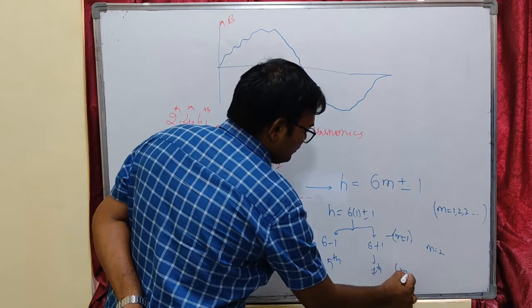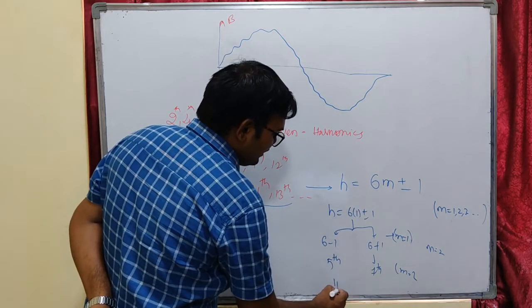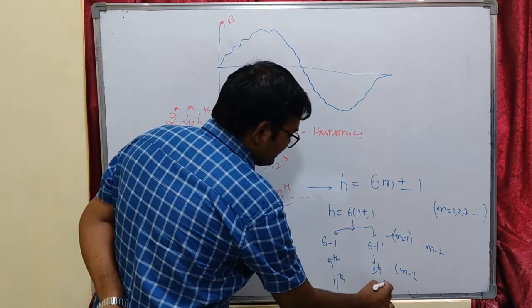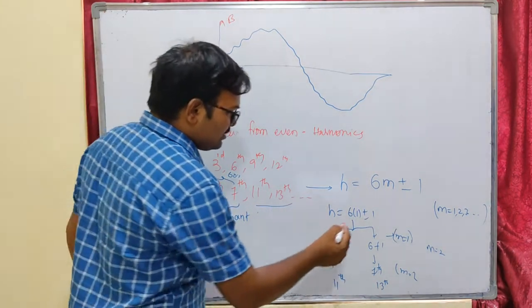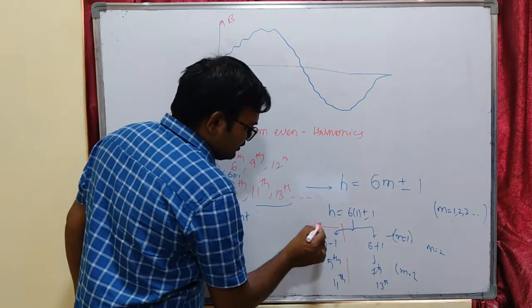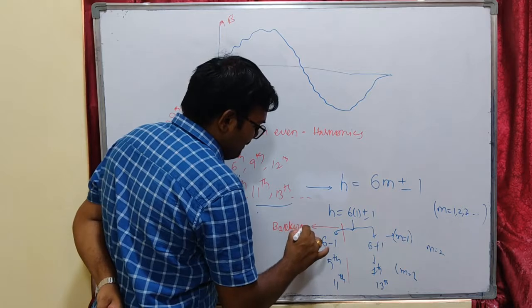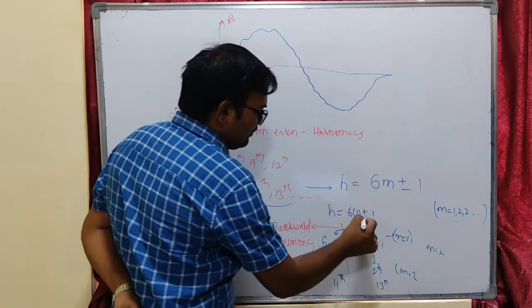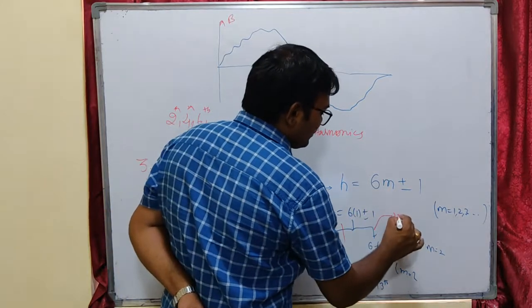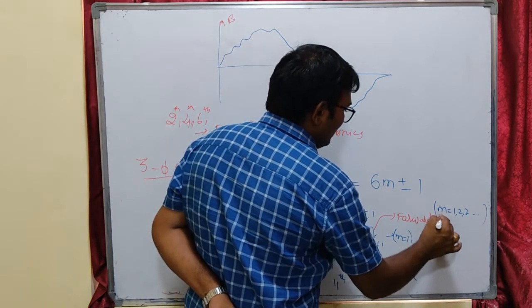For m equal to 2, 12 minus 1 will be the 11th and 12 plus 1 will be the 13th. So this is the order of harmonics here, and you can see the minus sign, 6 minus 1 harmonics are called backward harmonics. These harmonics rotate backwards, and the 6 plus 1 harmonics will be forward harmonics. The direction is forward.